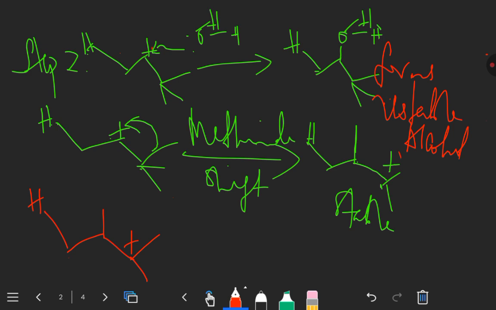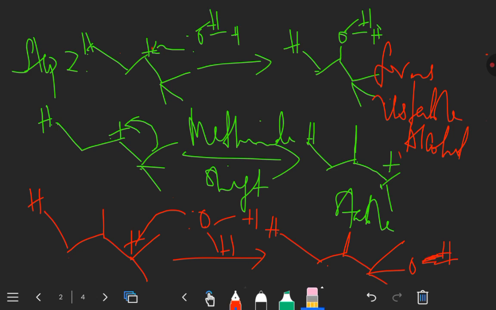So we can use water here. So we can say this water, since it has lone pairs of electrons, it can attack this carbocation. When this carbocation gets attacked, we're going to form this compound, hydrogen, methyl there, then we're going to form an O attached to H there.